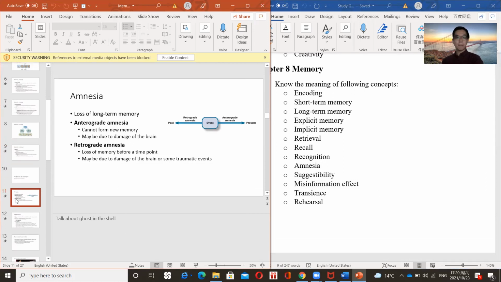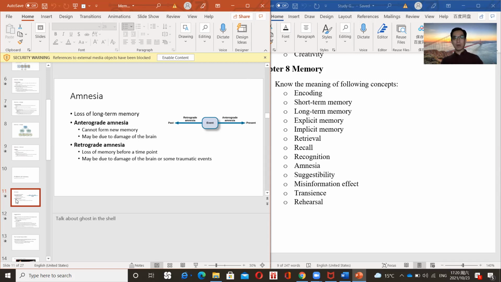There are 2 kinds. You don't have to know there are 2 kinds, but you should know basically what that disorder is. Sometimes people lose the memory before some time point, lose the past memory, but can form new memory. Another form of amnesia is that they have the past memory.